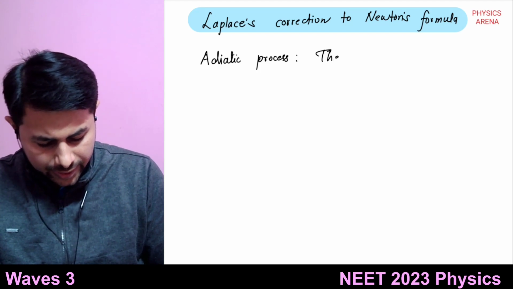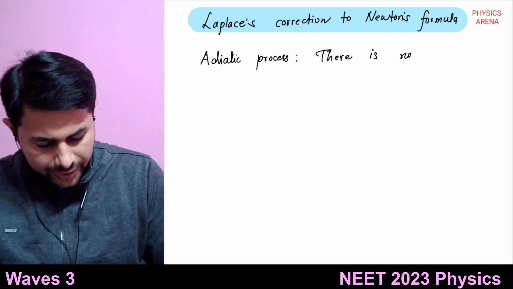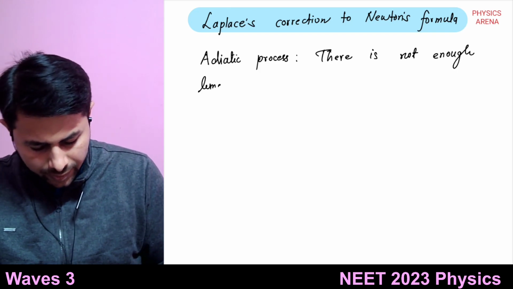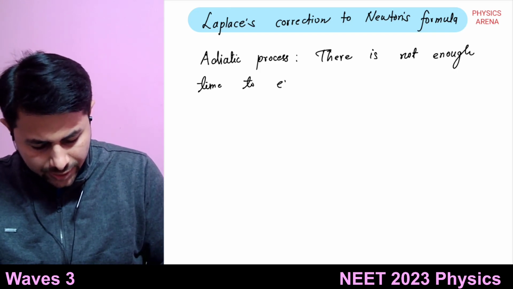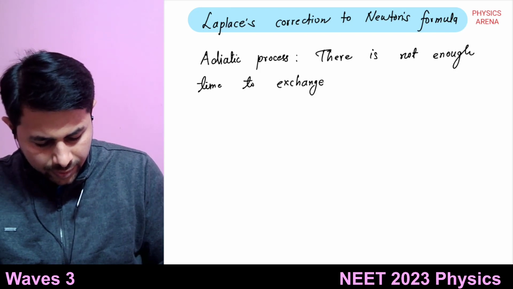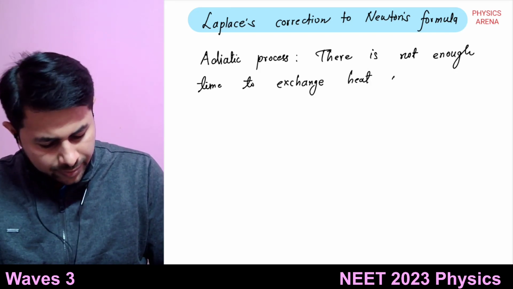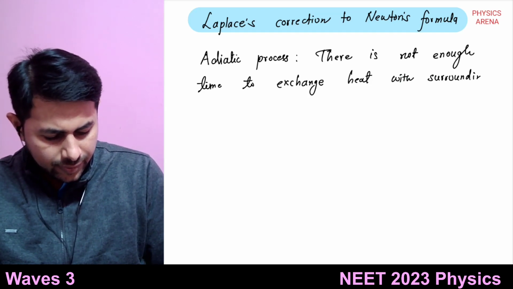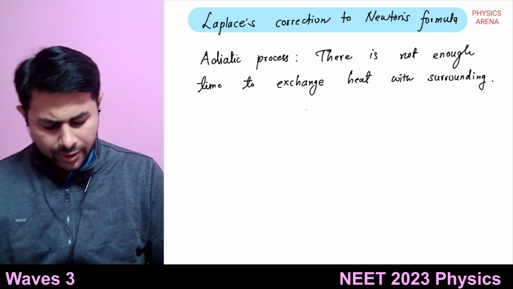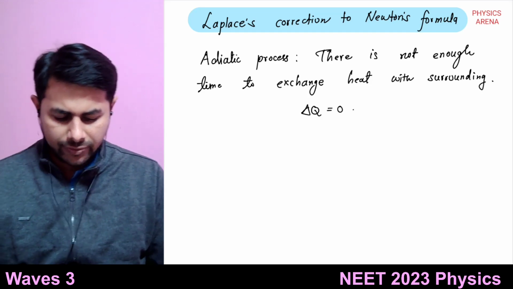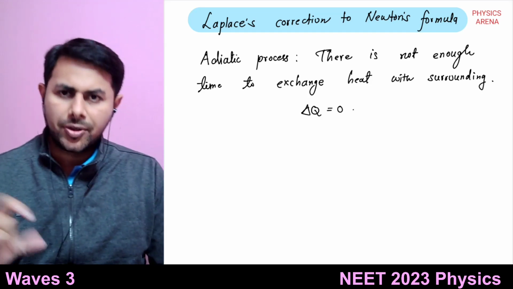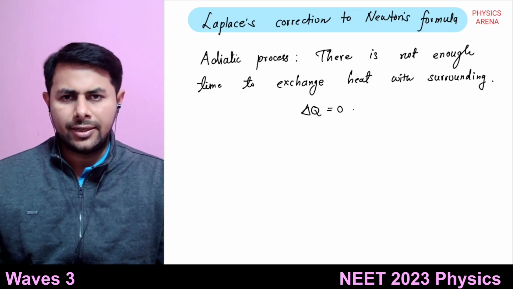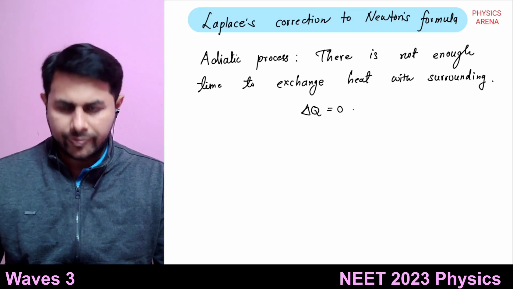Because there is not enough time to exchange heat with the surrounding. So delta Q is equal to 0, and because there is no exchange of heat happening, this process is an adiabatic process.